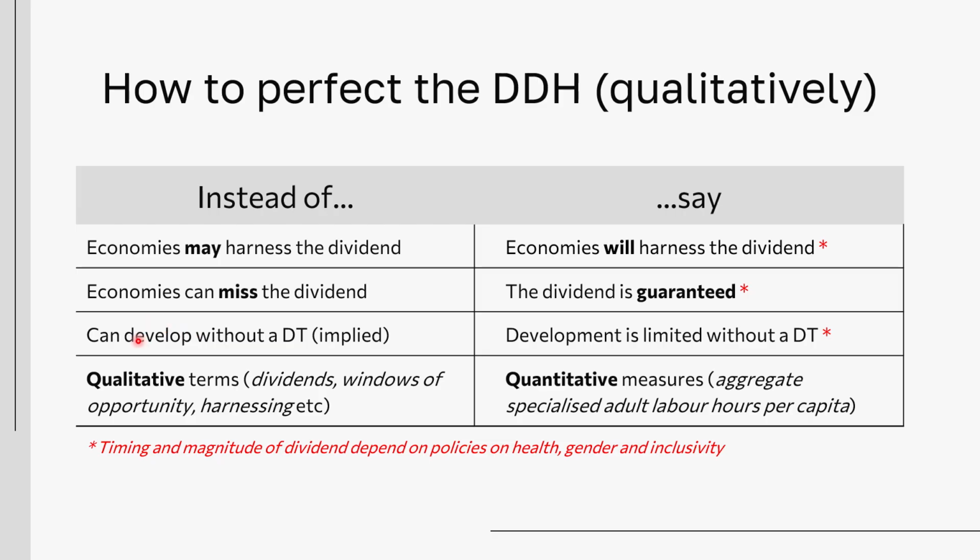Thirdly, one also wants to avoid the implication that economies can develop in the absence of a demographic transition. In reality, as we showed you earlier, development is severely constrained in the absence of a demographic transition. With all three phases here, it's important to note that the timing and magnitude of this dividend depends on policies on health, gender, and inclusivity.